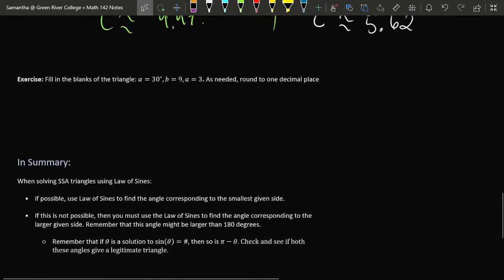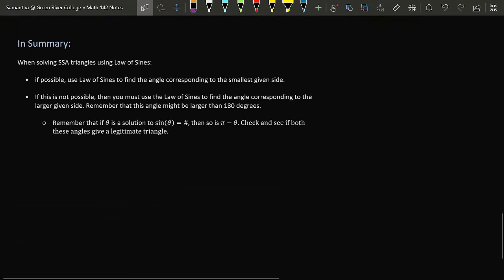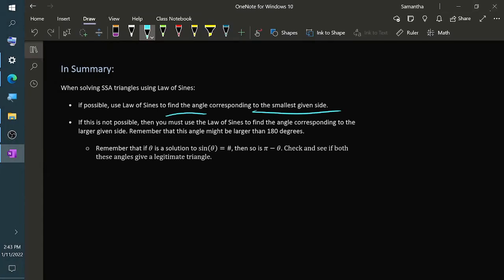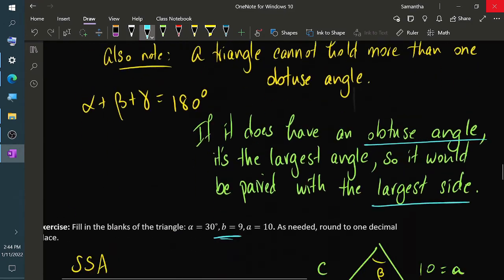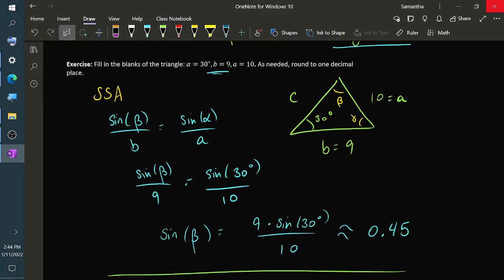Now in summary, when you're working on an SSA triangle problem using the law of sines, this is my recommendation. If it is possible, use the law of sines to find the angle corresponding to the smallest side length that you were given. This is what occurred back in video 18 in the exercise given here.